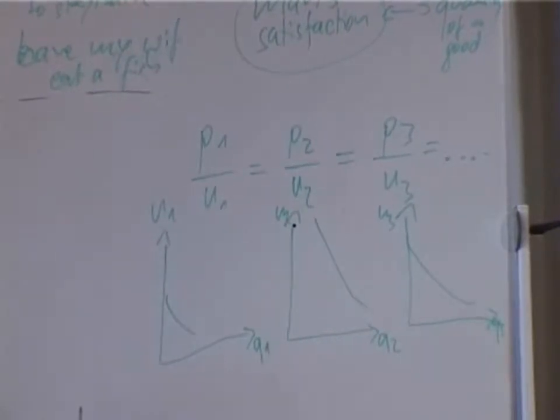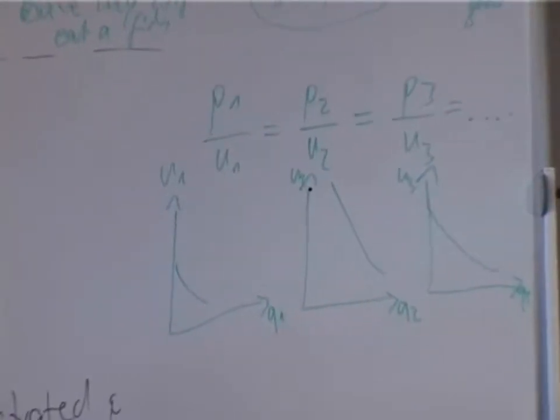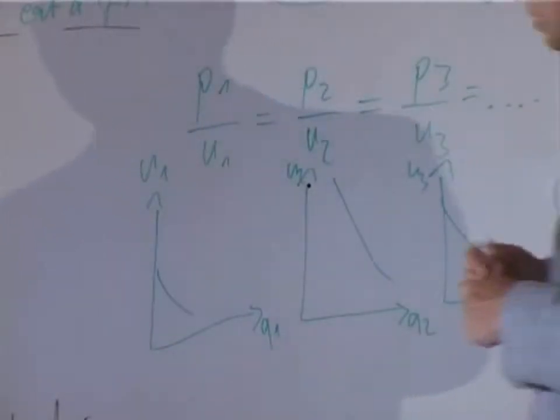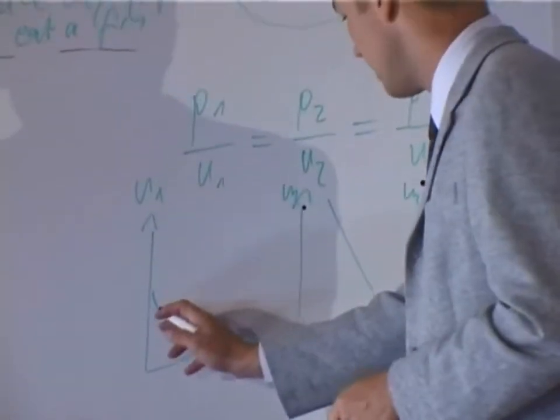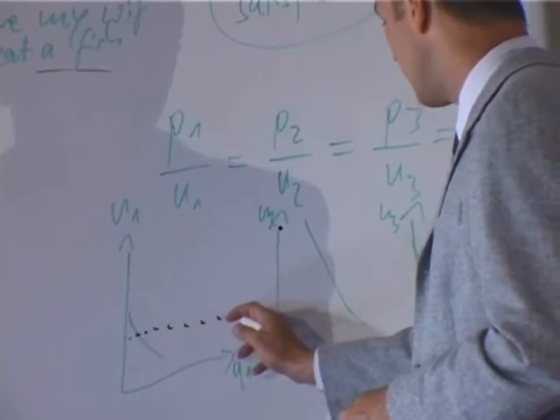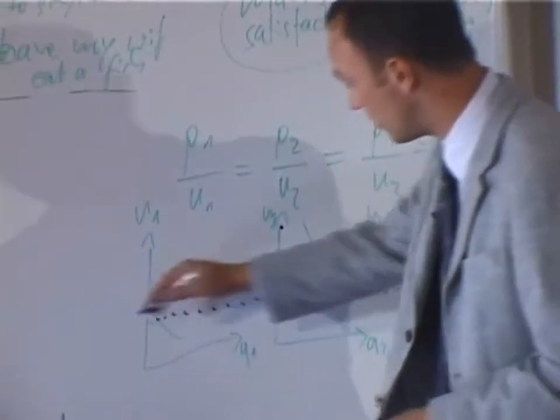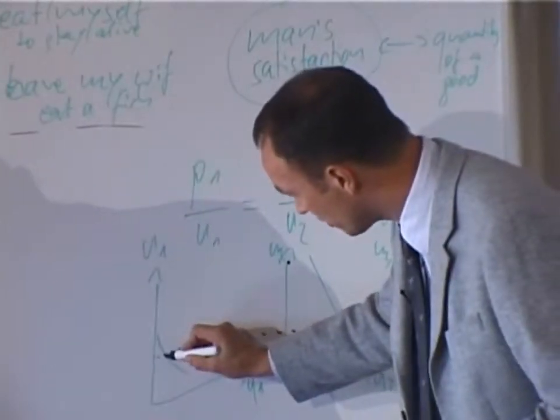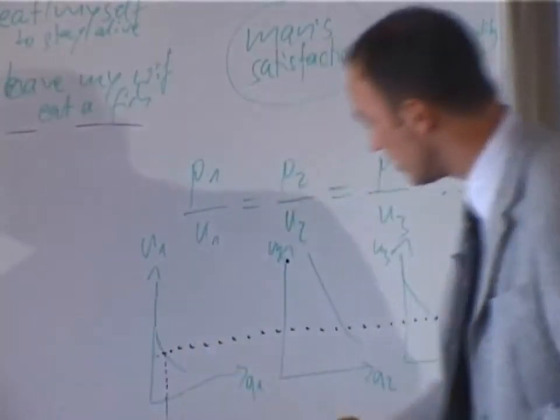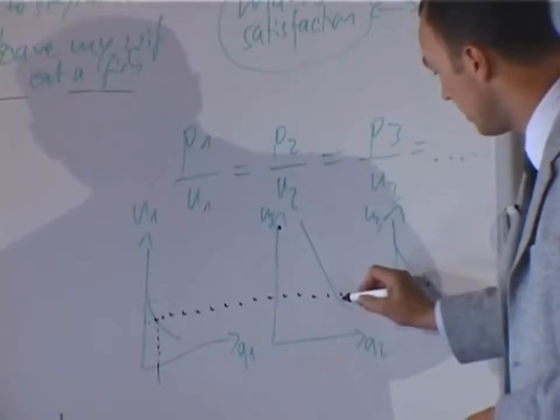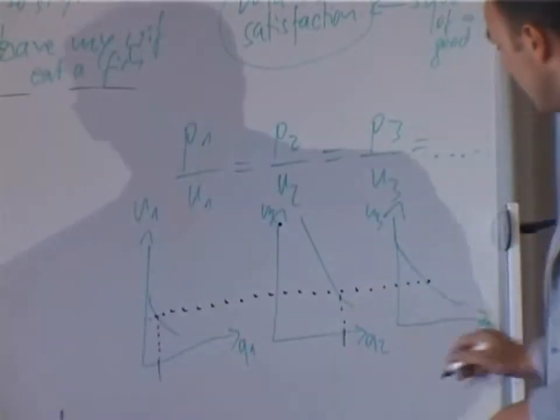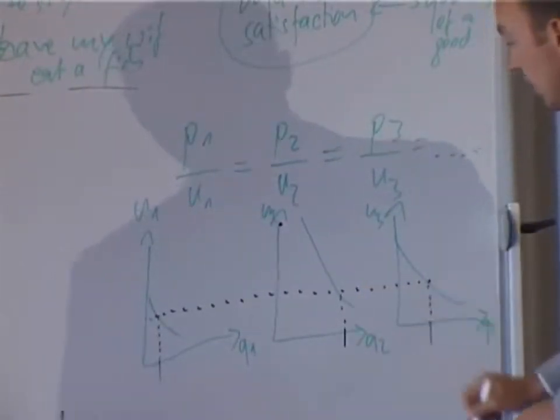And in equilibrium, the marginal utility that I derive from any good should be exactly the same as the marginal utility that I derive from any other good. Right? So let's say if this is my budget line, then I should consume in equilibrium this quantity of good 1 and this quantity of good 2 and this quantity of good 3.